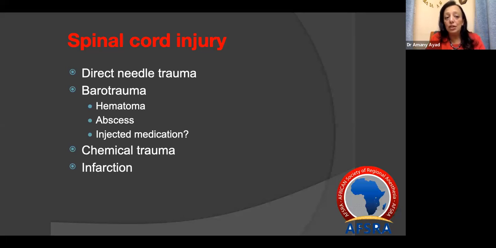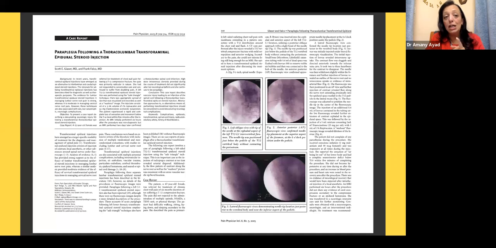Spinal cord injury, how does it occur? It can be by direct trauma or barotrauma, as we mentioned before, but it could be compression by hematoma or abscess, or the injected medications themselves. Chemical trauma can happen due to infarction.